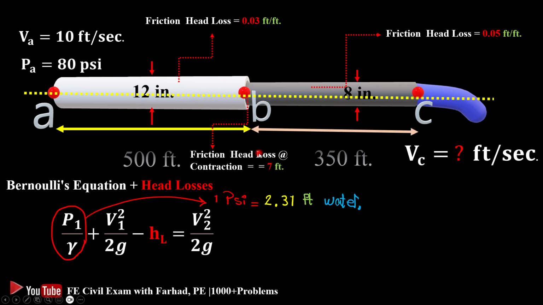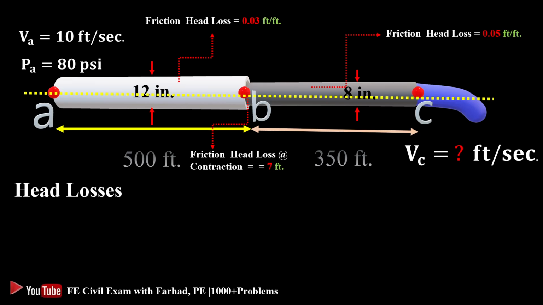Then at the contraction, there is another head loss, and the water travels through the second pipe. As soon as it exits, you have to subtract all those head losses over this travel distance, and that's our head loss. Let's see our head losses.